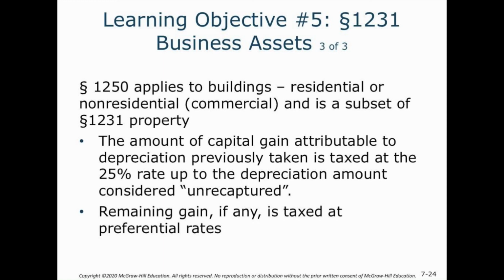If the commercial property cost $1,000 and we had a cost basis of $1,000 in the building, the difference between that $1,000 and the $1,200 sale would be still 1231 gain and could be taxed at the capital rate. If we took a straight line depreciation of $200 over the span of time, the difference between $800 and the $1,200 would be a realized gain of $400 total.